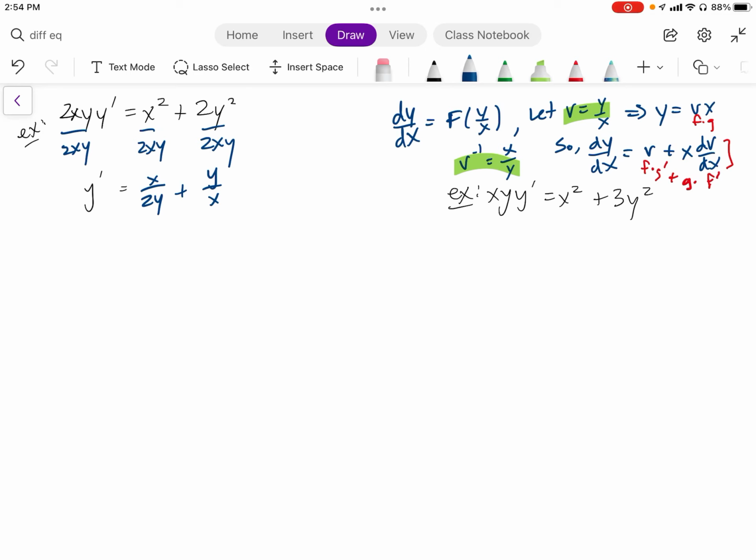All right, so let's go ahead and change y prime. That is dy/dx equals, so we have this 1/2 times x over y, which is v to the negative 1 power, and then plus y over x, that is simply v.